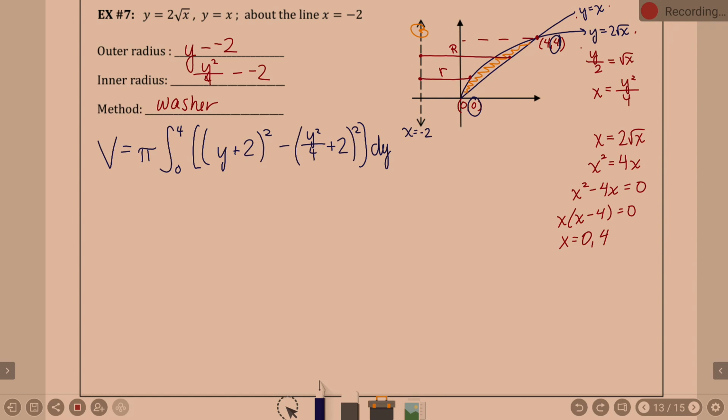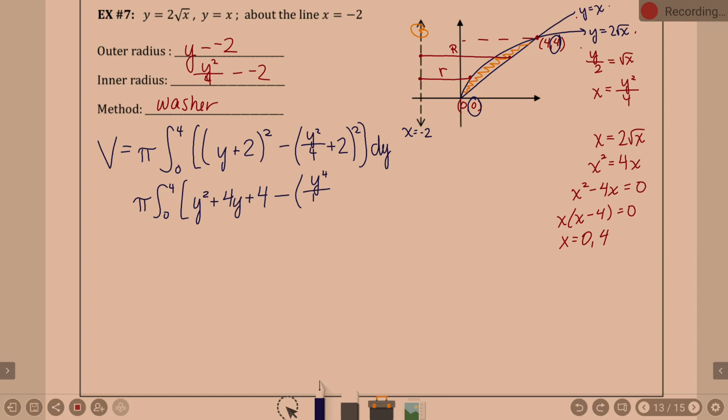Okay, so let's do some cleanup. I'm not ready to integrate yet. Y plus 2 squared, that one's not bad: y squared plus 4y plus 4. I'm going to put this next piece in parentheses. If you want to go ahead and change your signs as you go, more power to you. Y squared over 4 times y squared over 4 is y to the 4th over 16.